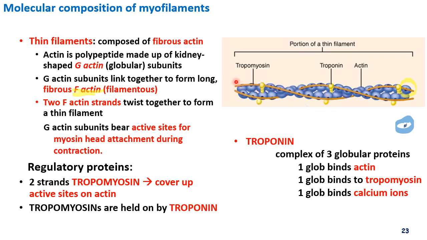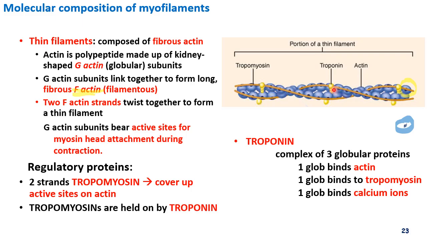Okay? Now, what is holding tropomyosin in place is this other regulatory protein that is called troponin. Okay? So troponin and tropomyosin, they're both regulatory proteins. All right? So tropomyosin is blocking the interaction.